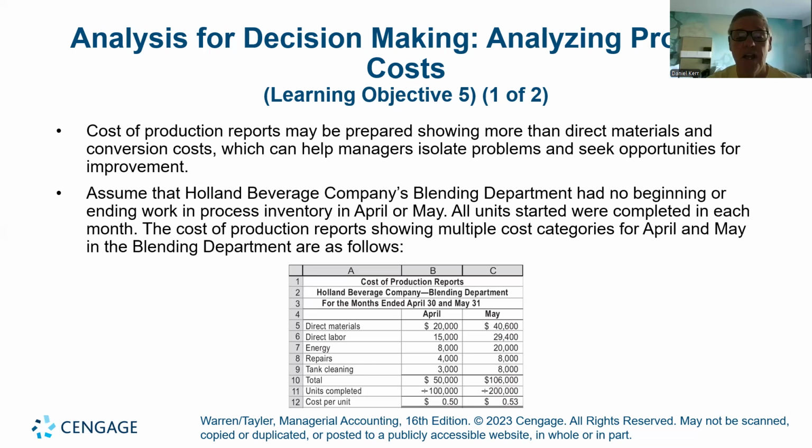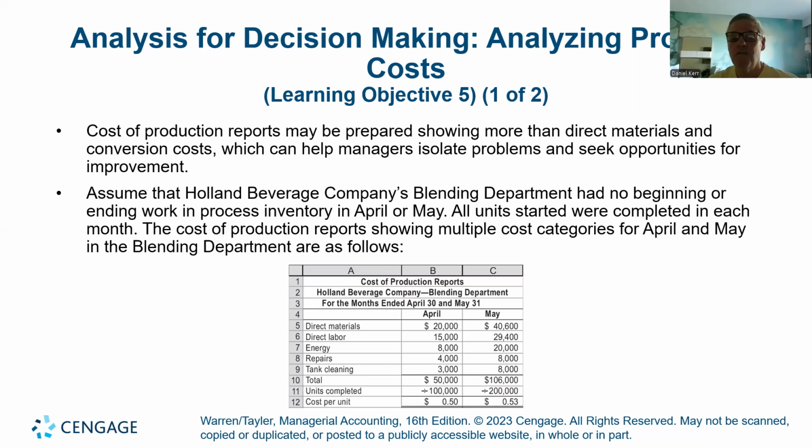If you have several overhead costs that you've incurred, the direction in the cost per unit may be different based on those individual components included in overhead. So let's look by way of an example here. The cost of production report for this beverage company in the blending department shows that the total costs in April were 50,000 and the total costs in May were 106,000.